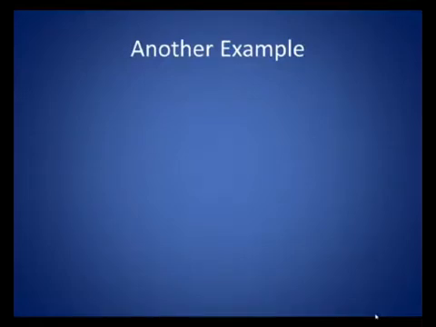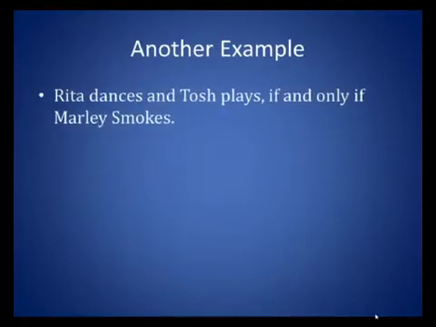Here's another example. Rita dances and Tosh plays if and only if Marley smokes. Now hopefully at this point you recognize that the if and only if signifies a biconditional. So what we have here in our first half of the biconditional is a conjunctive statement. Rita dances and Tosh plays, if and only if Marley smokes.